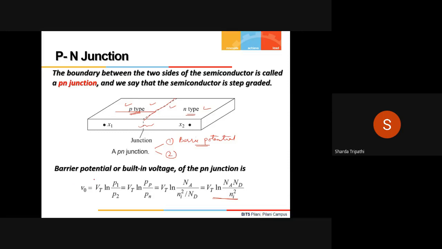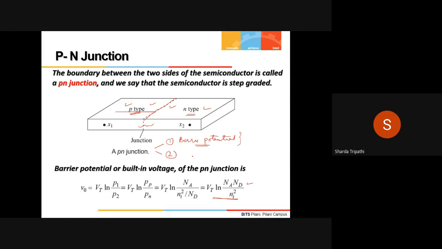We are not going to go into the derivation of this formula because you will study it in detail when you study devices and materials in your upcoming semester. So as of now, you can just keep in mind that the formation of a PN junction will cause some potential buildup at the junction. This potential we call the barrier potential, which is given by this formula. This is the first after effect.